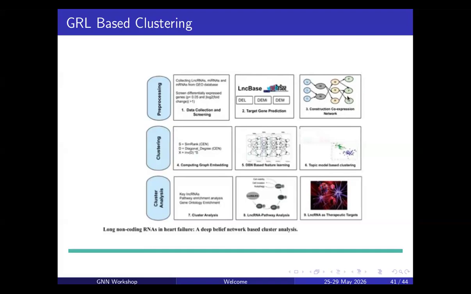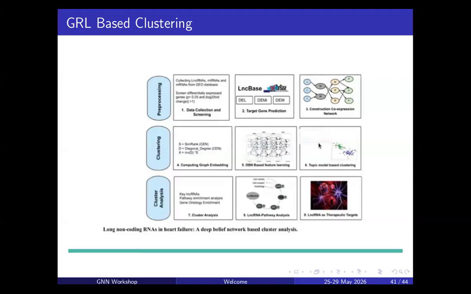Then from this graph, we capture the graph embedding using different methods. We apply node embedding to get the node corresponding embedding, passed through features like DBNLDA, deep belief network, and this deep belief network will give a vector embedding.